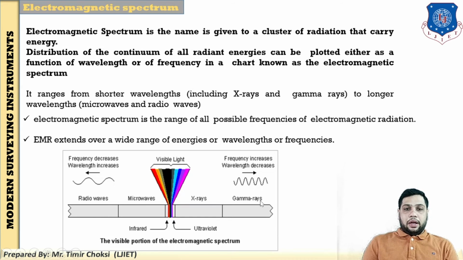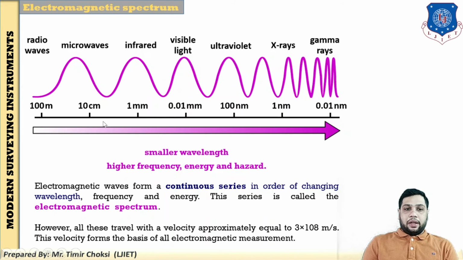Now I have explained in detail. This is the electromagnetic spectrum diagram. First, gamma rays have a smaller wavelength, so the frequency is high. Then further along, the wavelength is longer, so its frequency is lower.